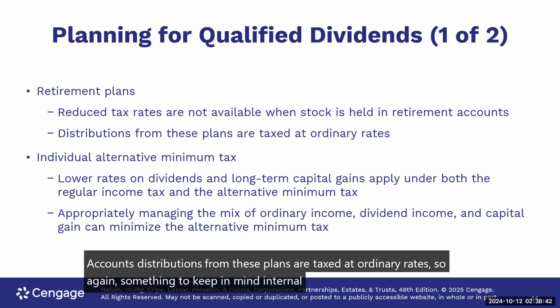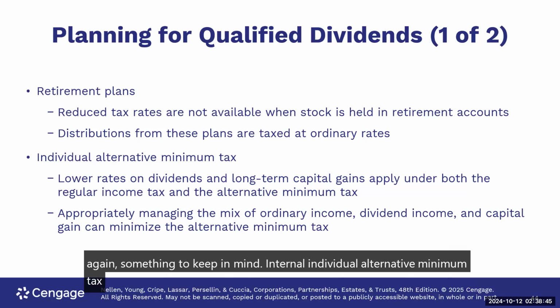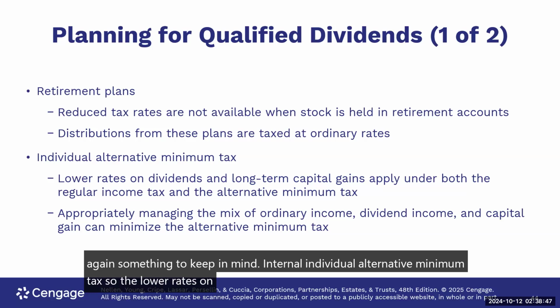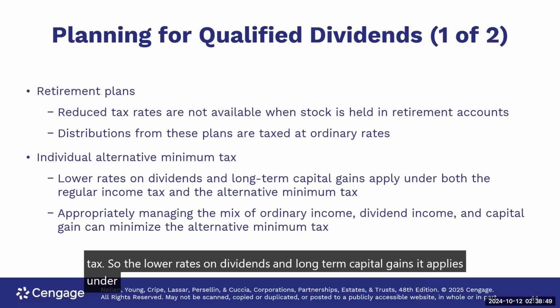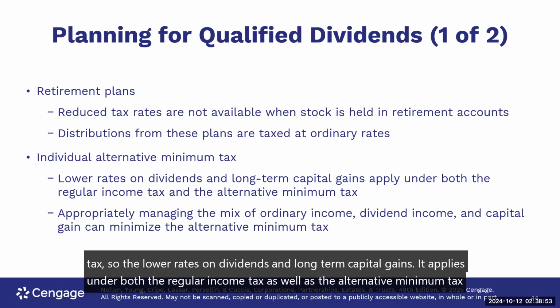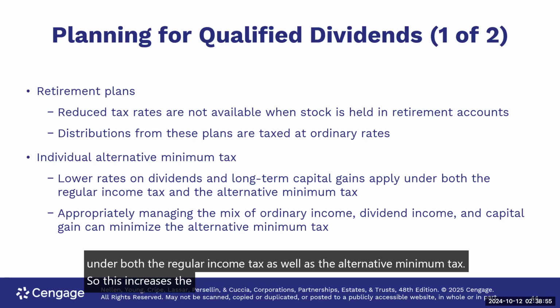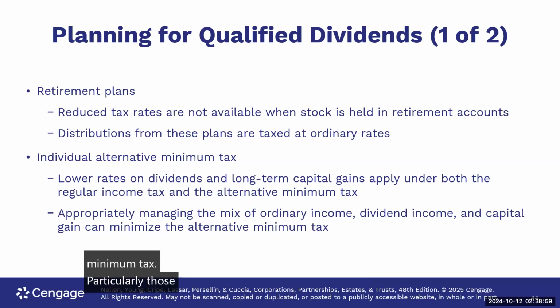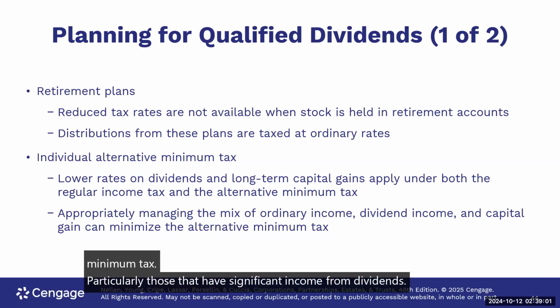Individual alternative minimum tax. The lower rates on dividends and long-term capital gains apply under both the regular income tax as well as the alternative minimum tax. This increases the exposure of many individuals to the alternative minimum tax, particularly those that have significant income from dividends or long-term capital gains.